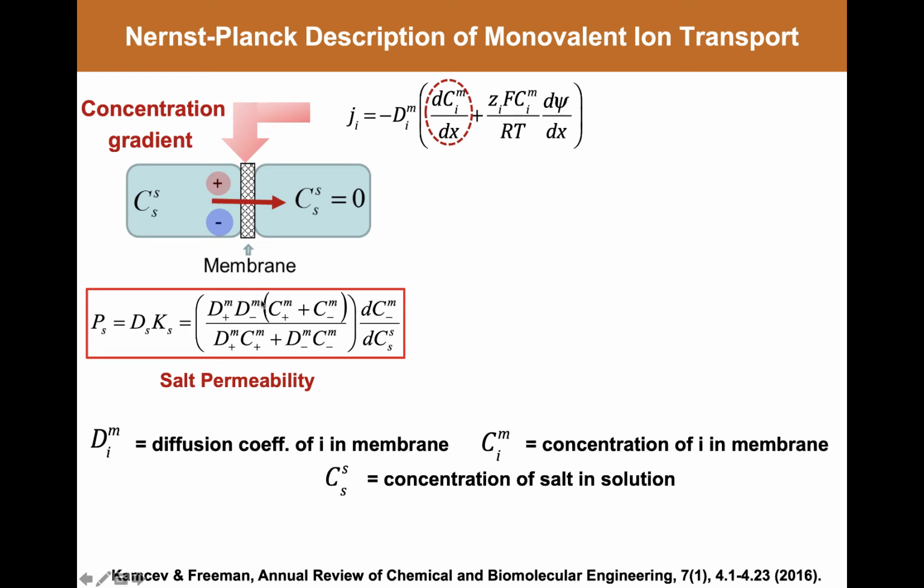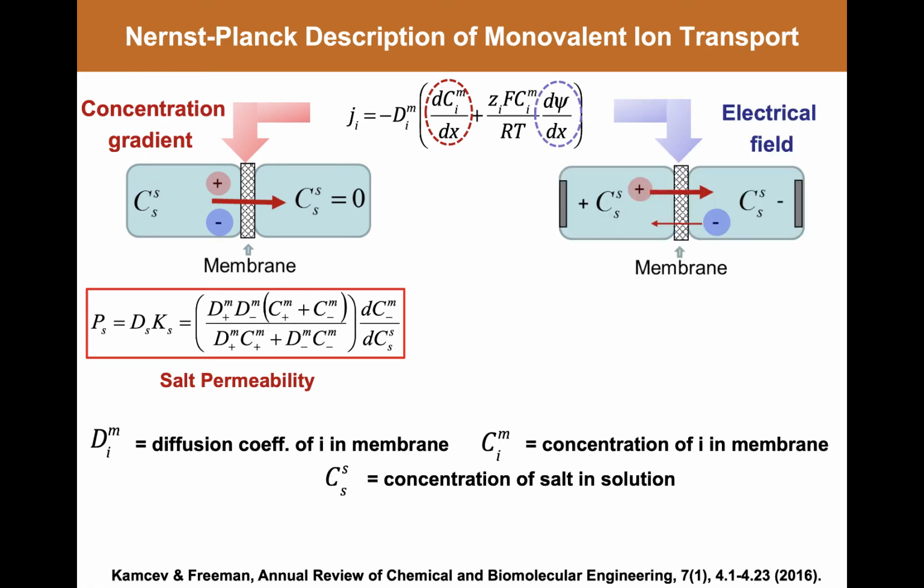Superscript membrane is always going to be the variables inside the membrane, and it depends as well on the concentration of cations and anions in the membrane. This last term is getting at the salt solubility or salt partition coefficient, and it's just how fast the concentration of so-called co-ions, in this case anions, change with salt concentration. We'll come back to that a bit in a moment.